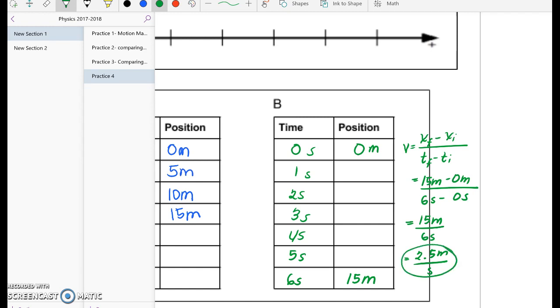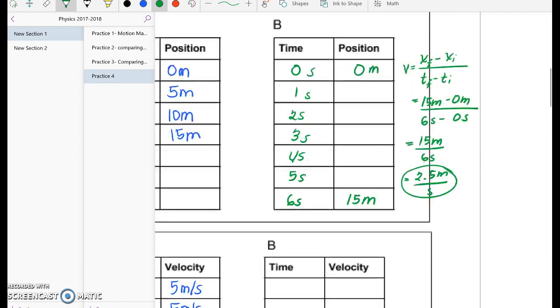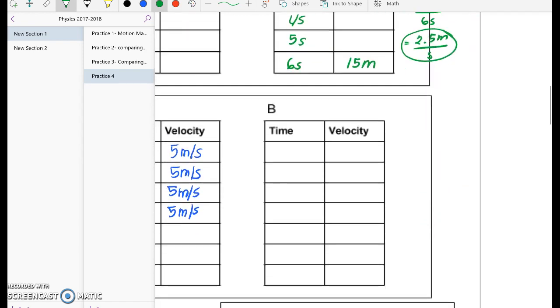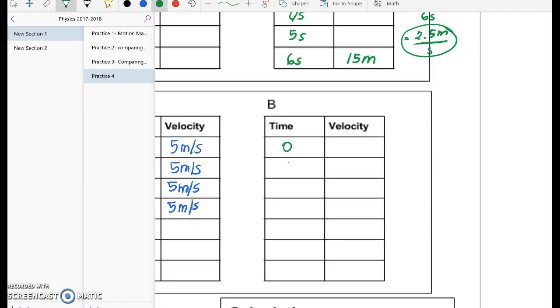So this was how fast he was traveling. So we'll go down to the velocity, and for that whole time, let's just write our units here. He was traveling at 2.5 meters per second.